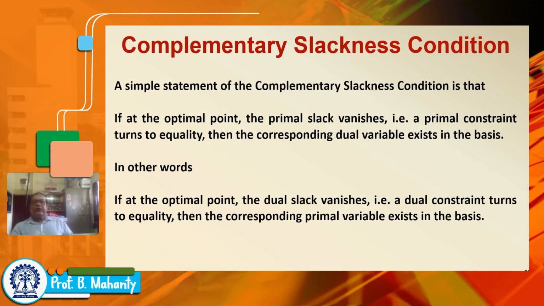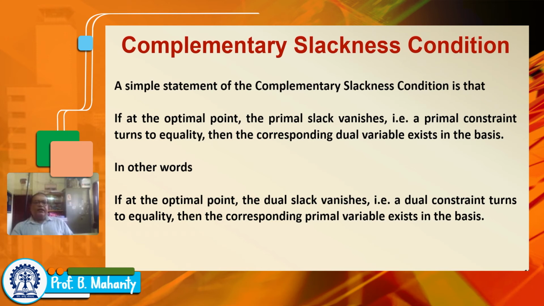A simple statement of the complementary slackness condition is that if at the optimal point the primal slack vanishes, that is, a primal constraint turns to equality, then the corresponding dual variable exists in the basis. So what happens if the primal slack vanishes?